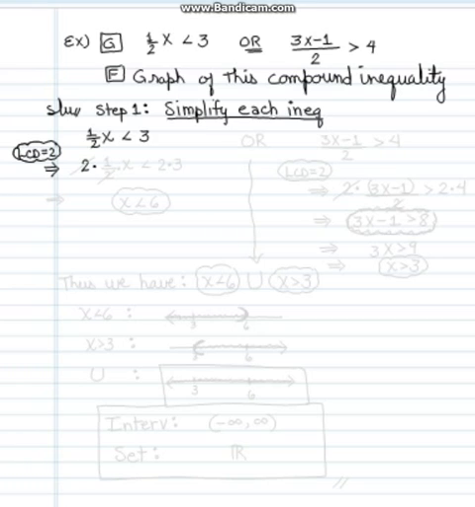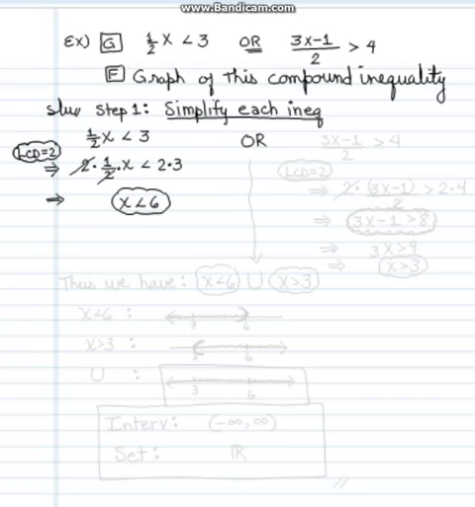You get 2 times 1/2 times x is less than 2 times 3. I did not flip the inequality because I multiplied both sides by a positive number. Cancel the 2's, and we get x is less than 6. So here we have the simplified form of the first inequality. Then the word or, we could use the union symbol.